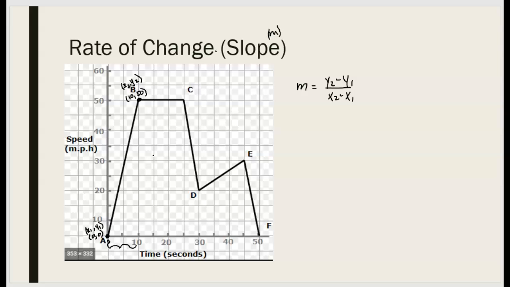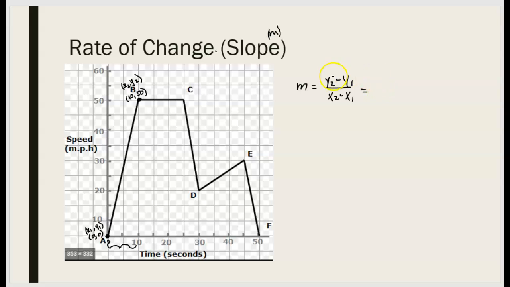And to be quite honest with you, it doesn't matter which one you choose as your first point and which one you choose as your second point, as long as you're consistent, okay? As long as the x and the y value are coming from the same point, your x1 and y1 are coming from the same point, it doesn't really matter which one you start with, okay? If you get confused on that, let me know and I can show you an example, but I don't want to spend a lot of time in the video on it.